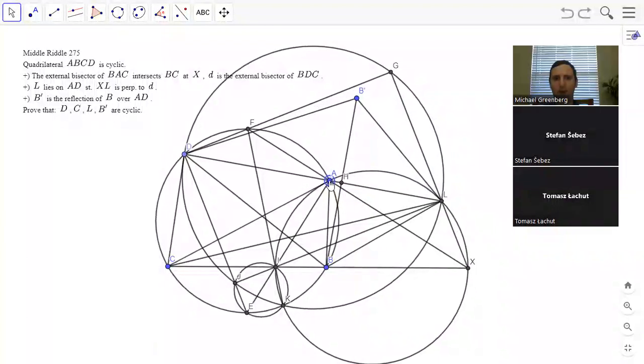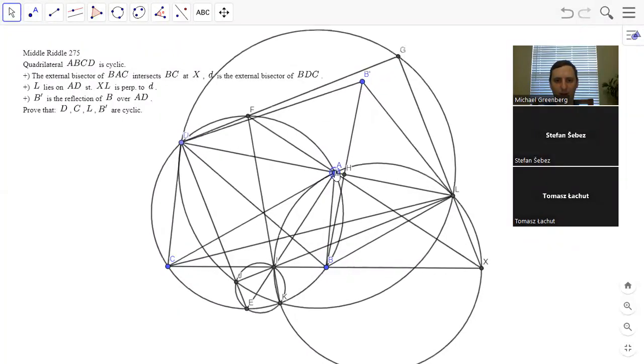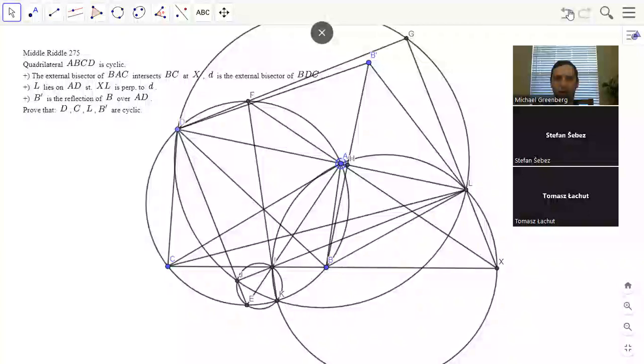So with all this information, is this enough to do the angle chase that we wanted? Is AC, okay, that's not tangent.